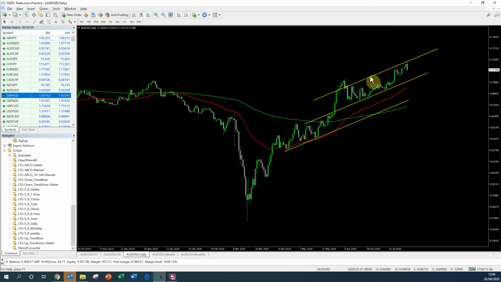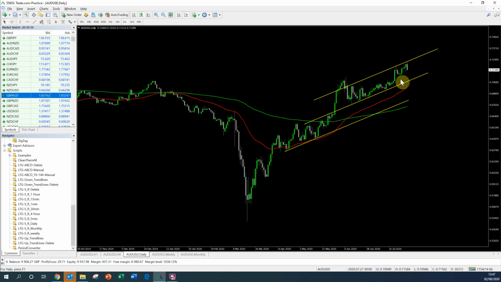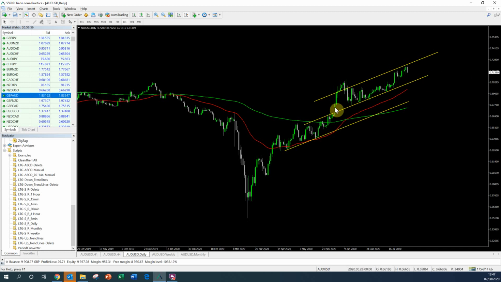You can potentially put another one here, but for my rule-based approach, I would like a second touch because we only have the one. I'd like a confirmation of a second touch just to confirm that that's definitely a channel resistance. But at the moment, it doesn't actually look like we're necessarily going any higher, simply because we've hit that monthly resistance level.